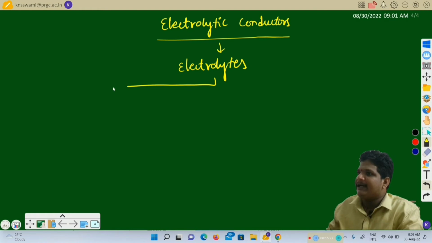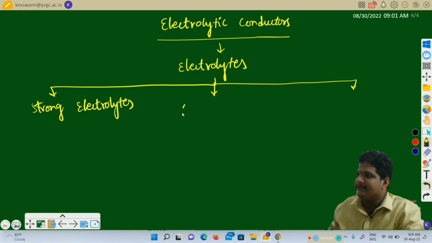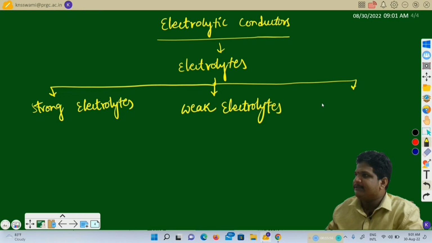These electrolytes can be classified into three types. One is strong electrolytes, the second is weak electrolytes, and the third is non-electrolytes.